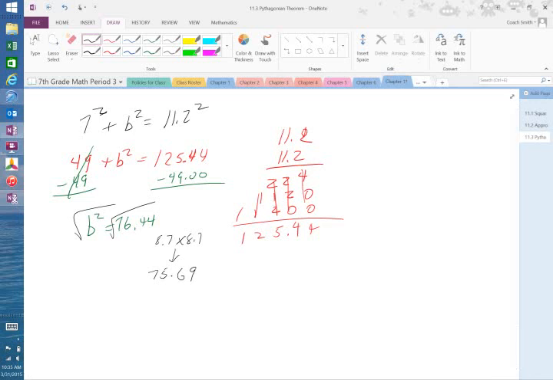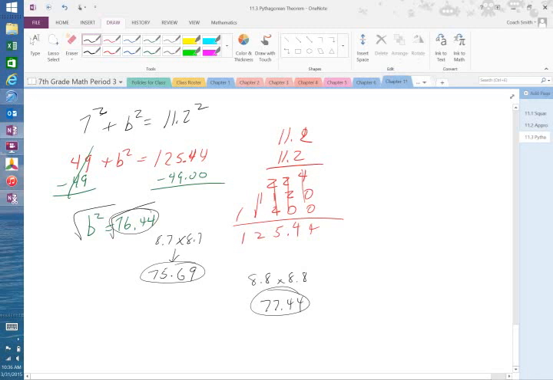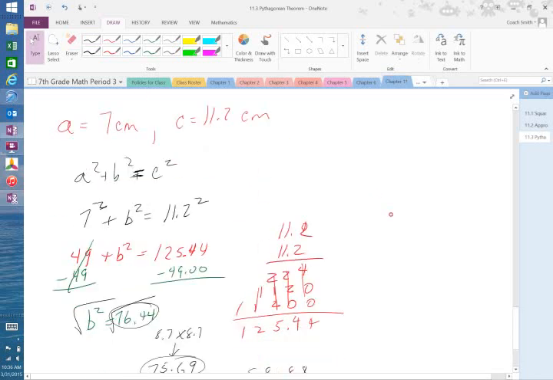Anthony? 77.44? Okay, good. So 76.44 is exactly 1 away from that, right below it. It's going to be 8 point something. Okay, so 8.7, our B is equal to 8.7 centimeters.